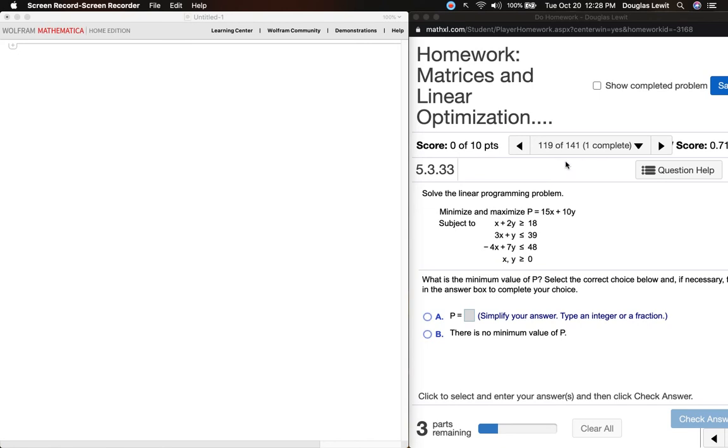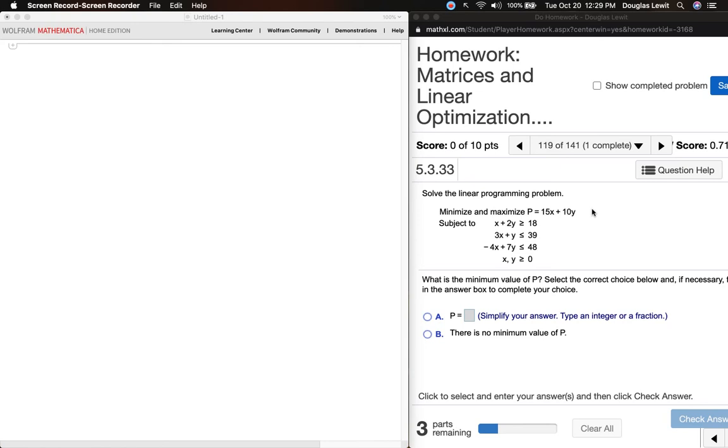So this is problem 119. This is not a word problem. It's a standard linear programming problem that we're going to solve graphically rather than using matrices. We will use matrices to solve linear programming problems in the next chapter, in the next homework assignment.